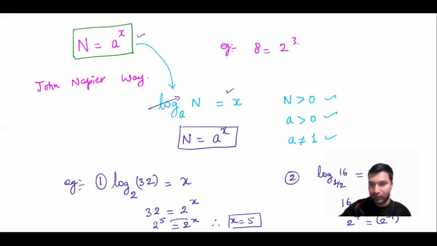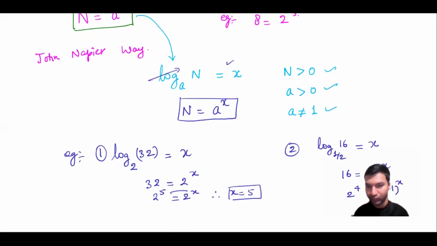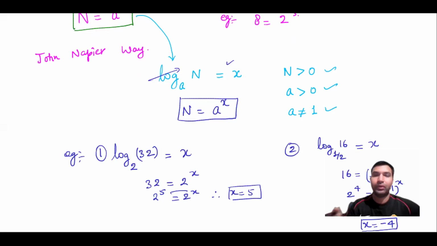From elementary classes, we know that power to the power gets multiplied, which turns out to be 2 to the power negative x. Now both sides have the same base, therefore comparing the powers, we get x equal to negative 4. Does that make sense? So this is how we convert, writing one number in different ways. That is what this log tells us, and it helps us.